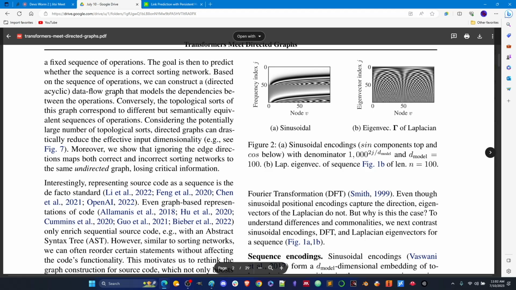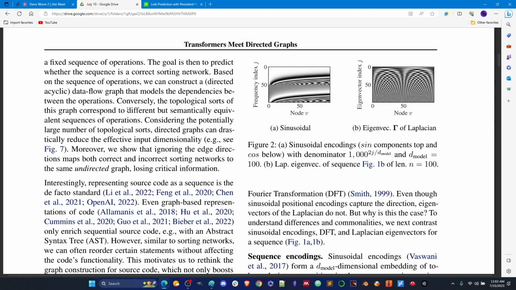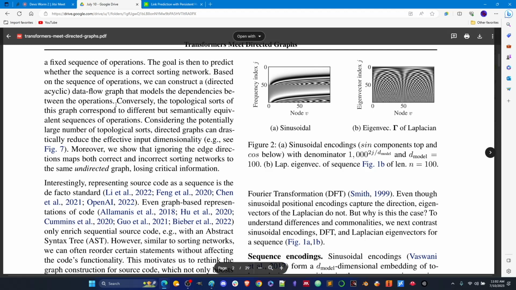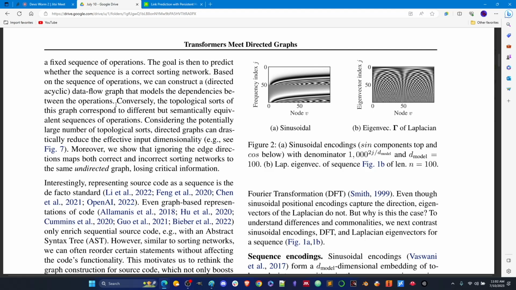Based on the sequence of operations, we can construct a directed acyclic data flow graph that models the dependencies between the operations. So every node that comes after the node that comes before has a set of dependencies; it requires the node that came before it.